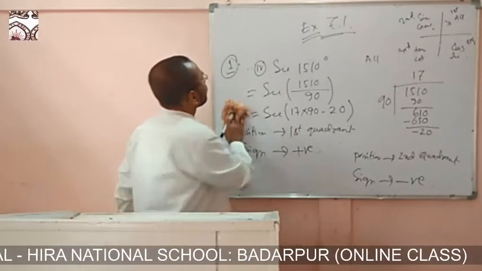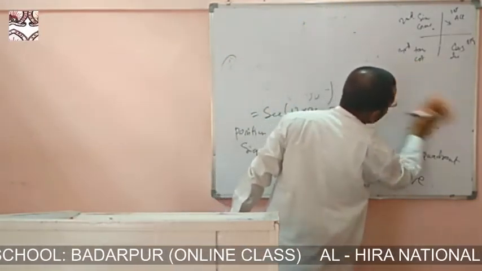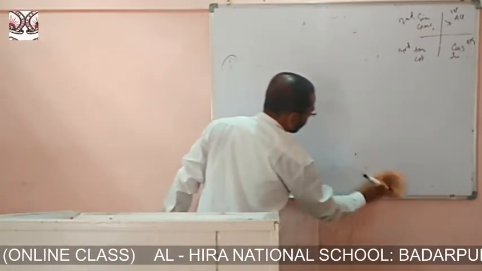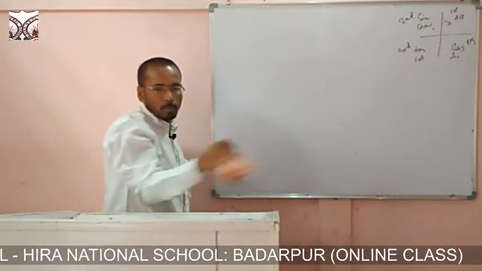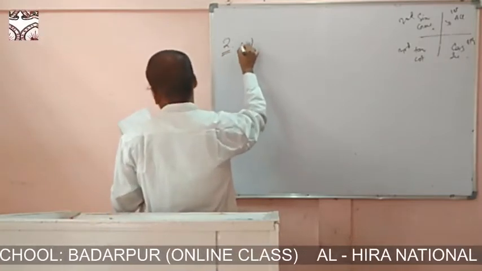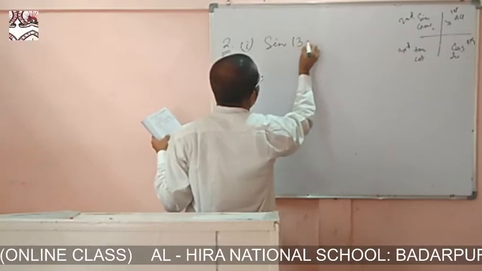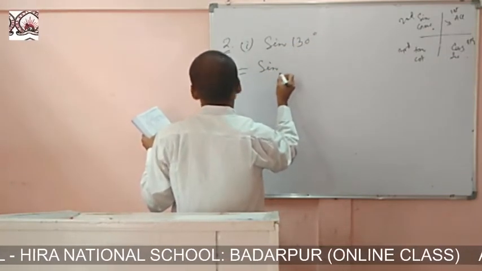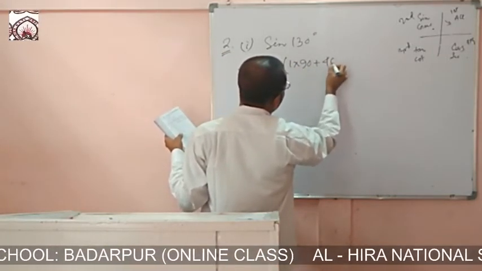Question number 1 is sine 130. So sine 130 we may write as sine of 1 into 90 plus 40.